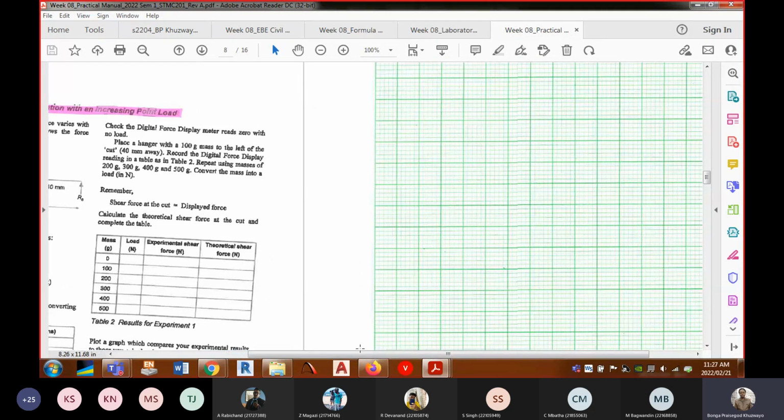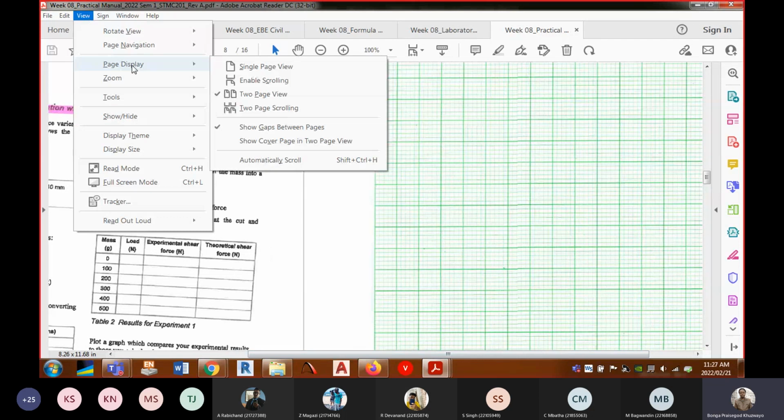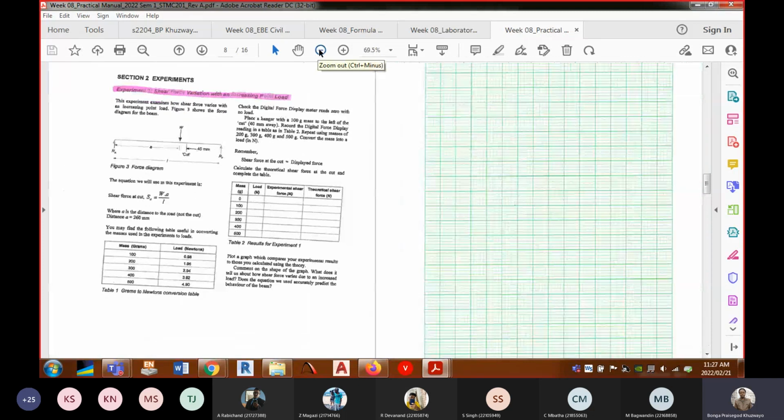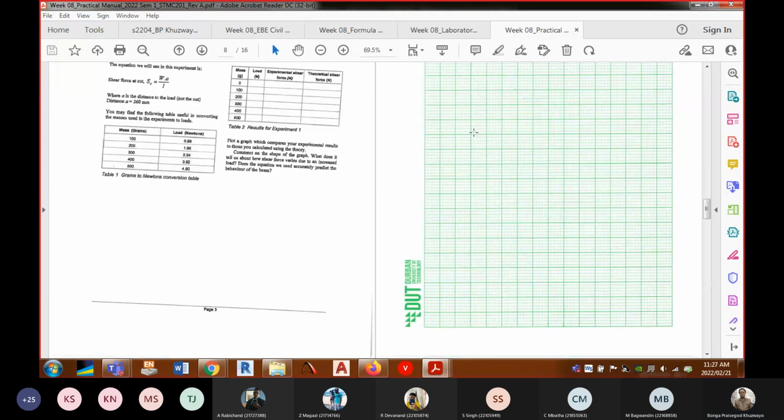But what I wanted to say is we have 4 practicals. The first one is experiment 1, that's practical 1, shear force variation with an increasing point load.